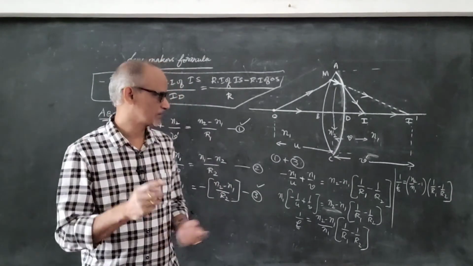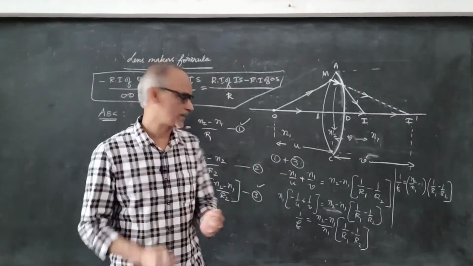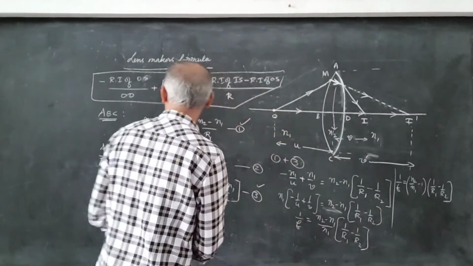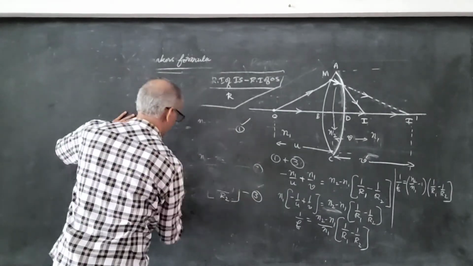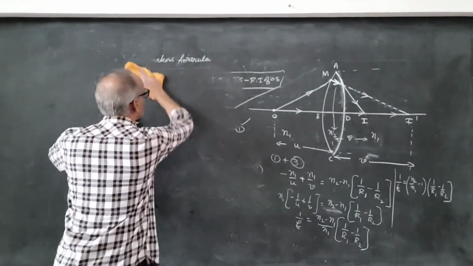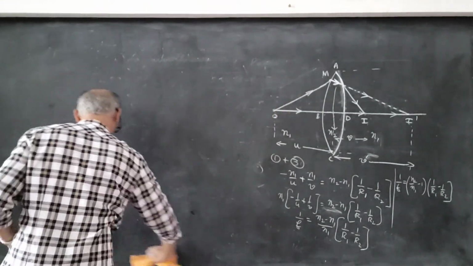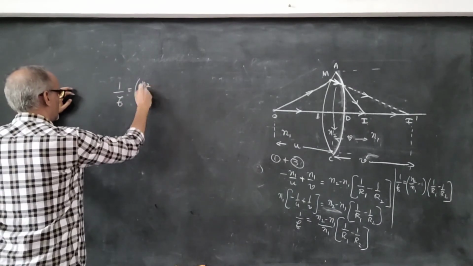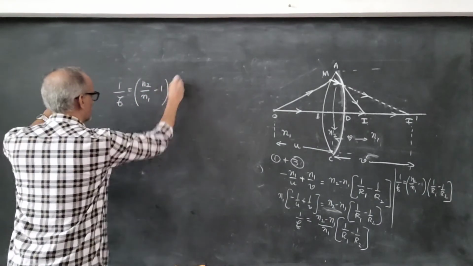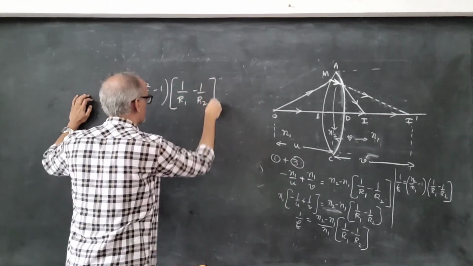So just look at the equation. What are the factors on which the focal length or the power depends? Okay, I will write that formula here. 1 by F is equal to N2 by N1 minus 1 into 1 by R1 minus 1 by R2.